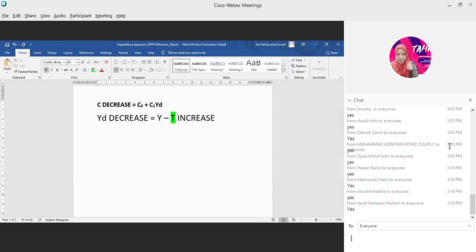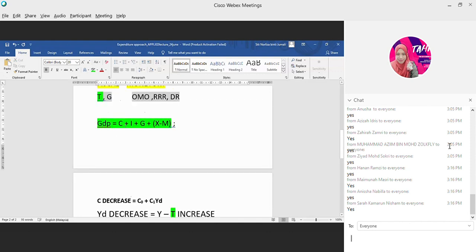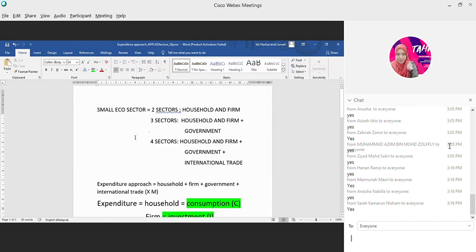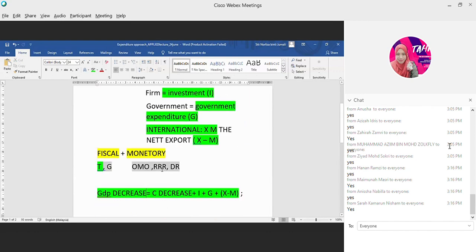When C decreases, what happened to the GDP? GDP also decreases. When GDP decreases, you can imagine now AD shifts to the left. Okay? Alright.